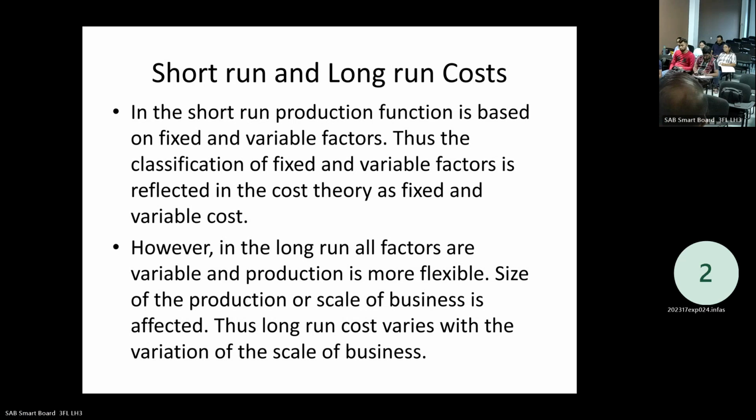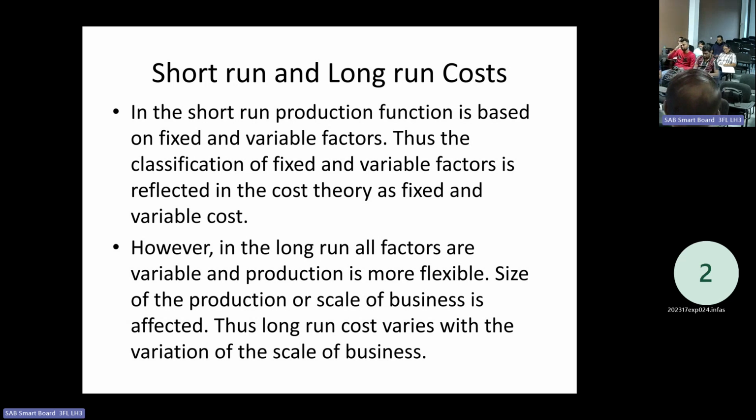In the short run, we identified labor and capital, where capital is constant. In the short run, the production function explains how the producer maximizes output by changing the variable inputs, subject to the given fixed factors.